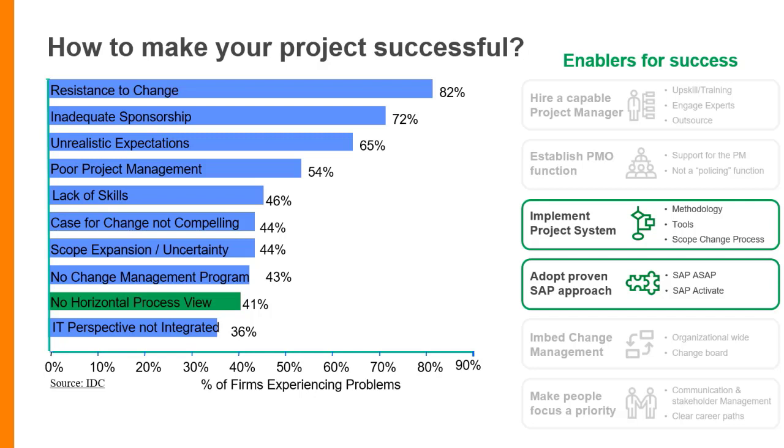It will bring the tools, the methodology and the change process that will give you full transparency and thereby also give you that process view that you are looking for in this troublesome area. So this is how we can break down the different enablers to link to the different areas of where problems can happen and where projects can fail.